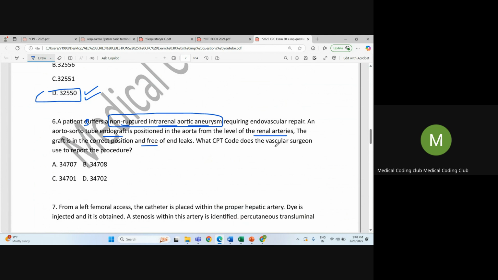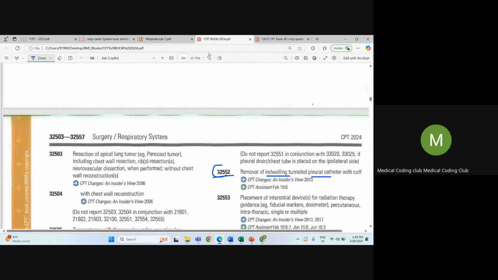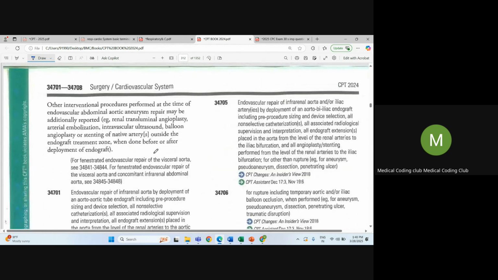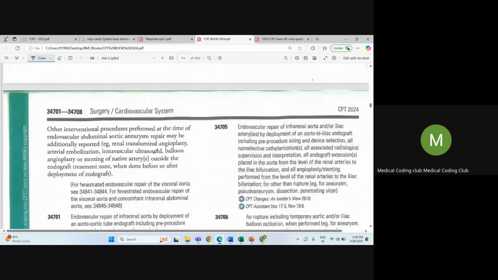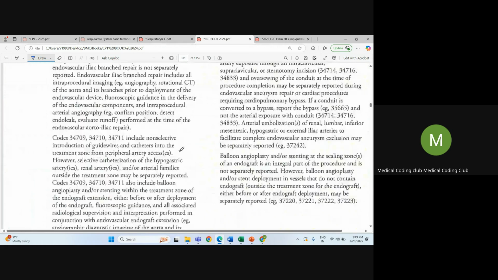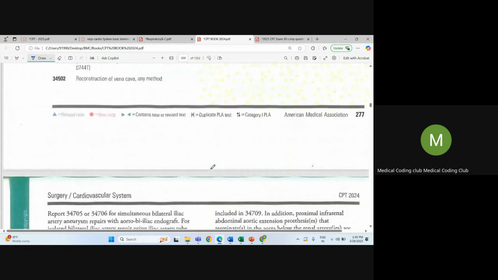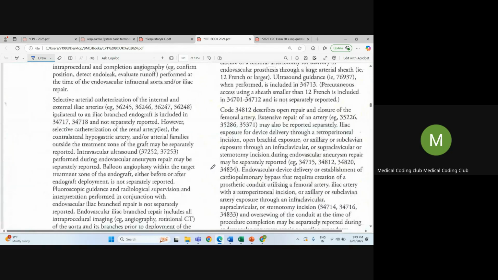What CPT code does the vascular surgeon use to report the procedure? We'll see the options, that is the 347 series. You can see here, this is for aneurysm, AAA. You can just navigate.